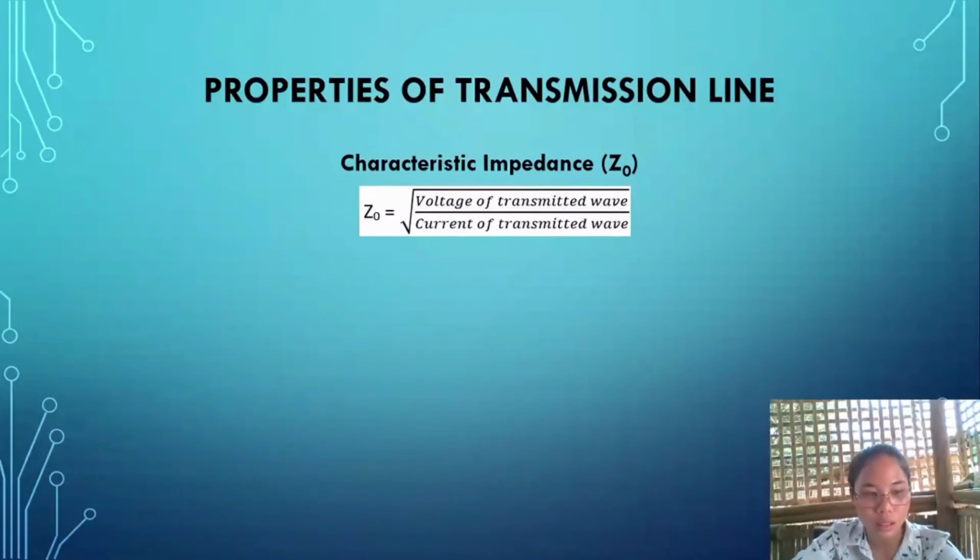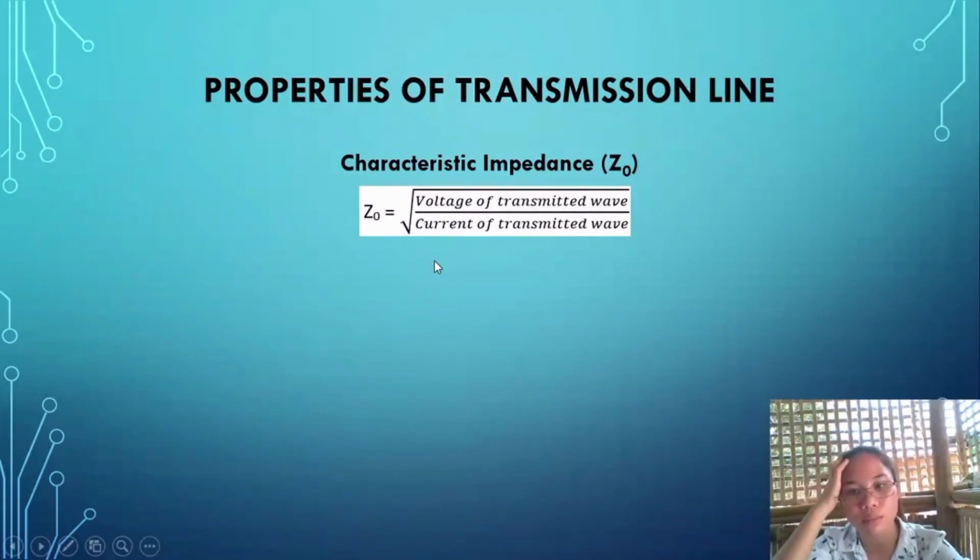It is given by Z sub O equals voltage of transmitted wave divided by current of transmitted wave. In terms of parameters, characteristic impedance is represented as follows.